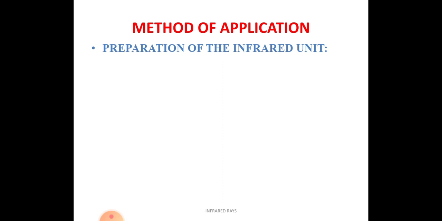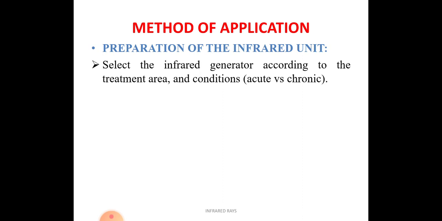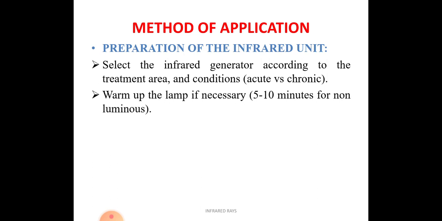Now preparation of the infrared unit is very simple. You decide first what type of infrared generator you want to use based on treatment area and condition. Then warm up the lamp if necessary. In case of a non-luminous lamp, you should start that lamp 5-10 minutes before treatment actually starts.